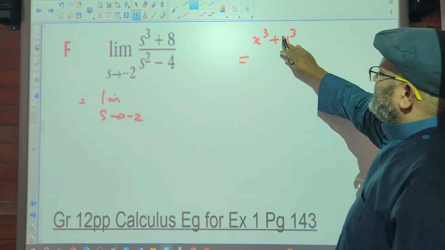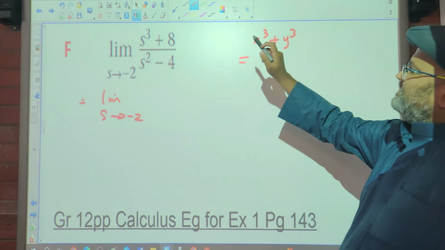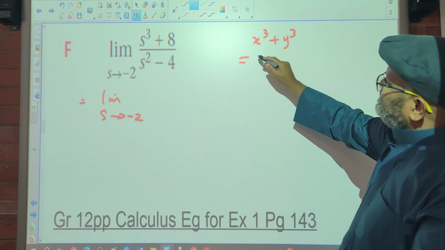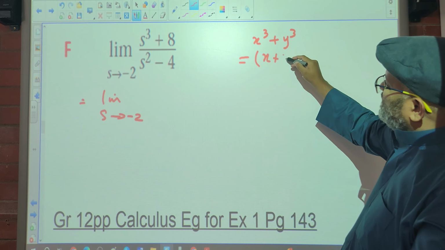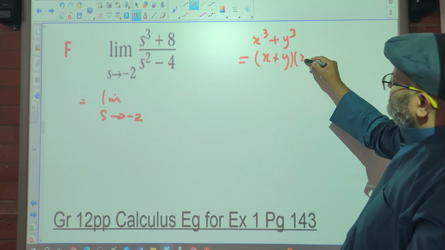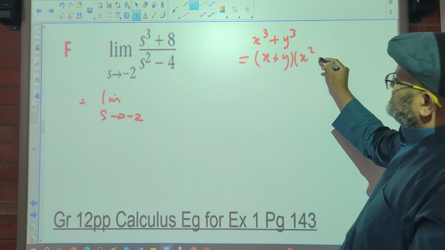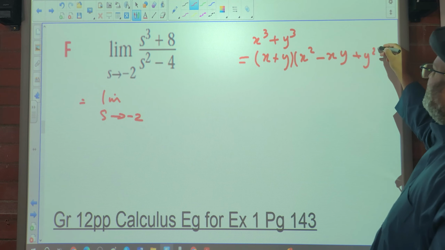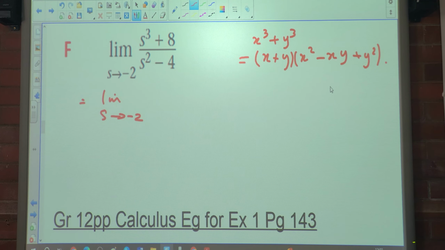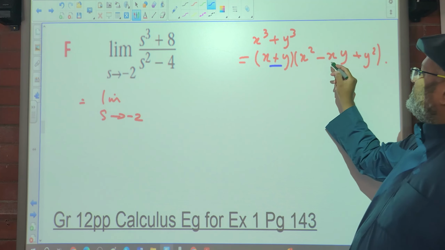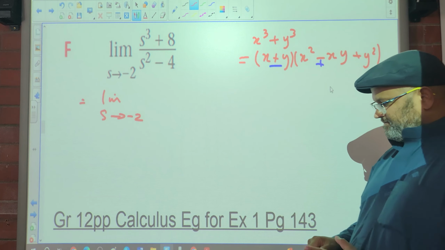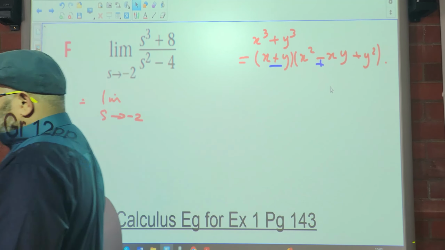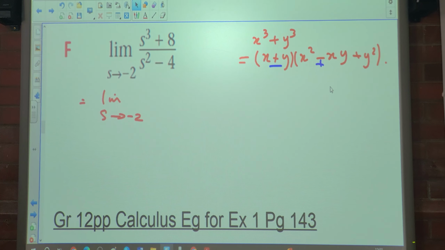If you have x cubed plus y cubed, it can be written as x plus y, times the square of the first term, minus the first term times the second term, plus the square of the last term. Does that ring a bell? If this had to be negative, then that would be positive. Write that note down and then you factorize it immediately.